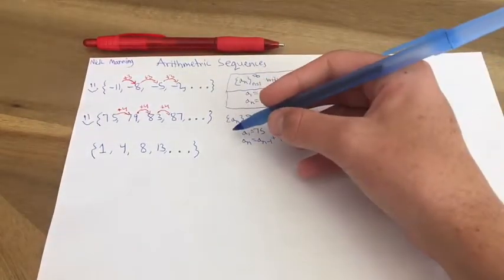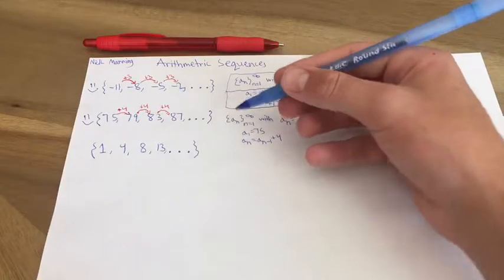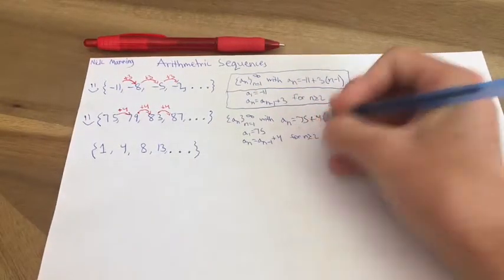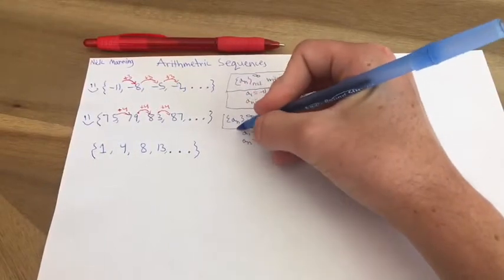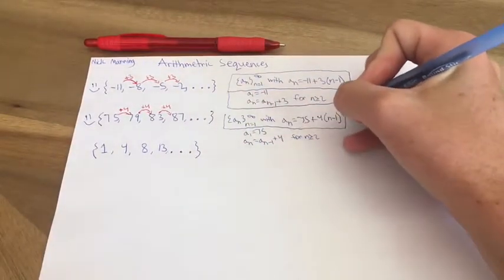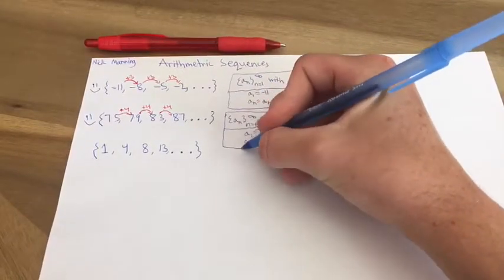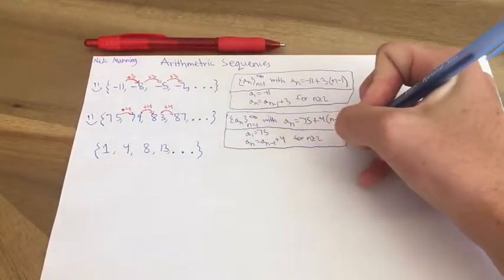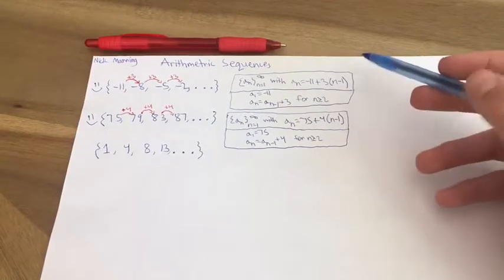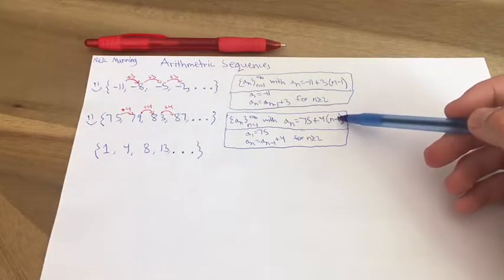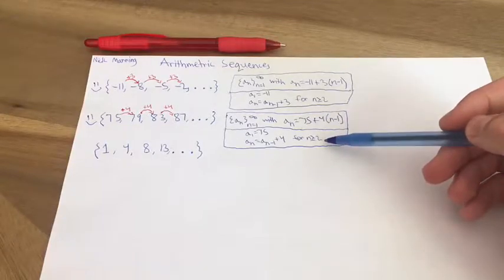And that's how we will write it recursively, for n greater than or equal to 2. Once again, both of these are right, and they're saying the same exact thing, just in different forms. One's the explicit form, one's the recursive form.